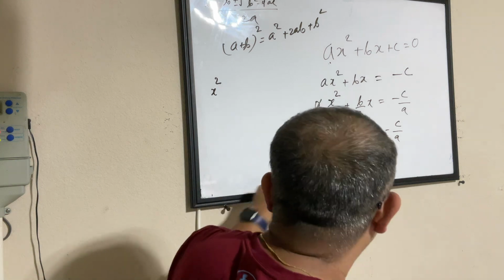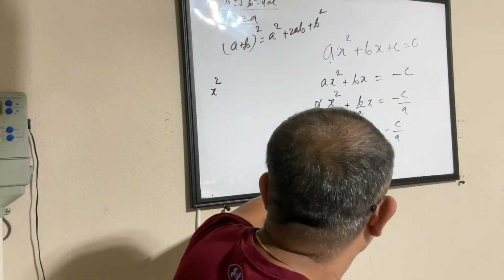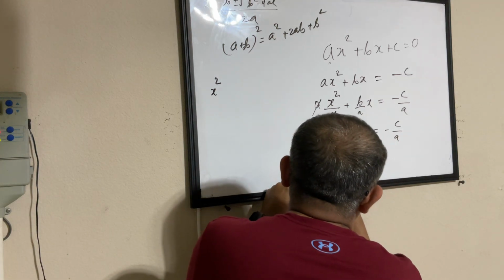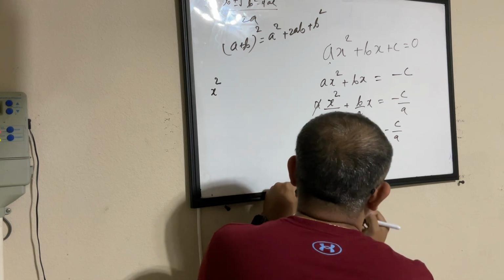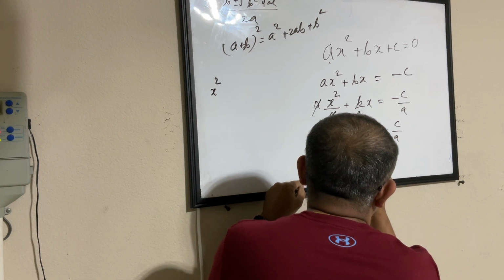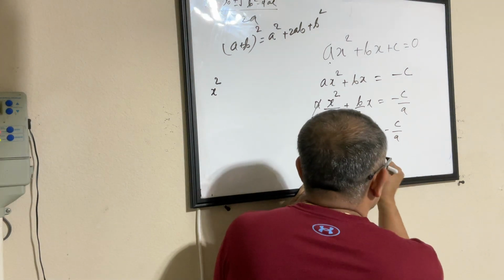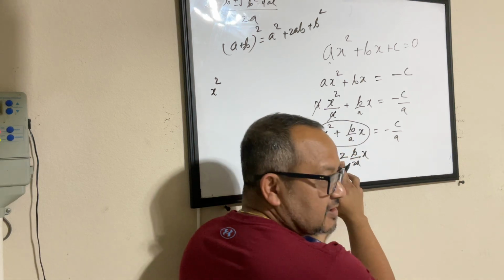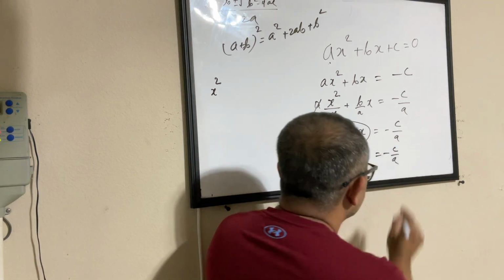So I have the a squared part here, or x squared. Can I convert this into x squared plus 2 times b by 2a x? Same thing. I'm not changing the value here. I did not do anything, I just added this flavor. Equal to minus c by a.